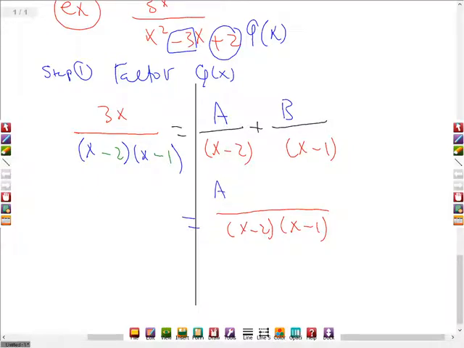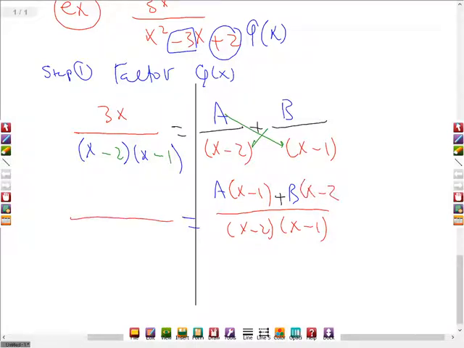Now we have the A. We multiply the A by x minus 1. The sign in the middle is a plus, and you take the B and multiply it by the other denominator, which is x minus 2.